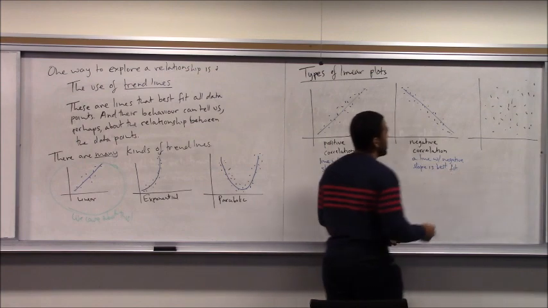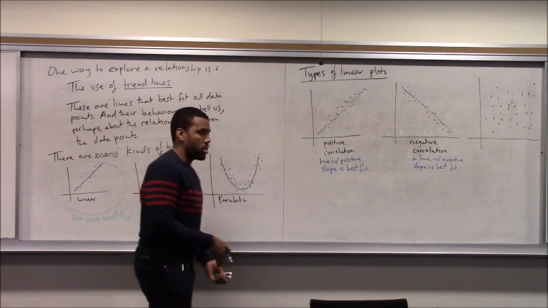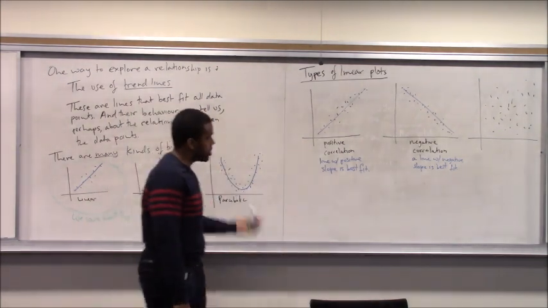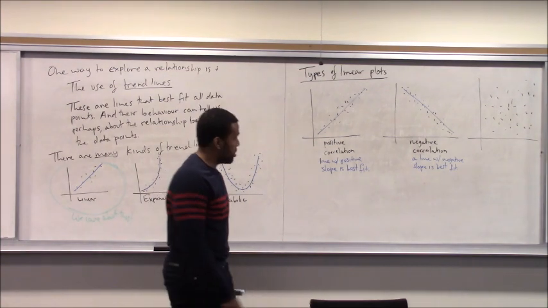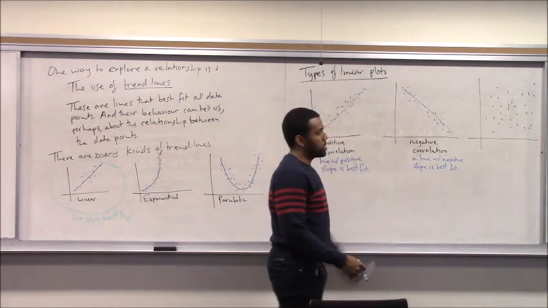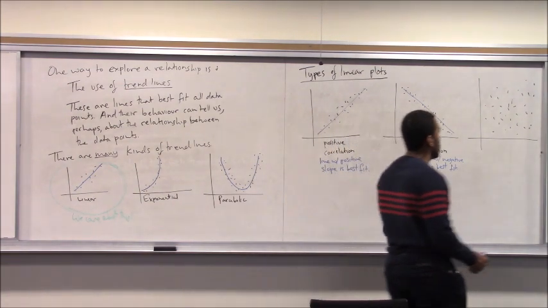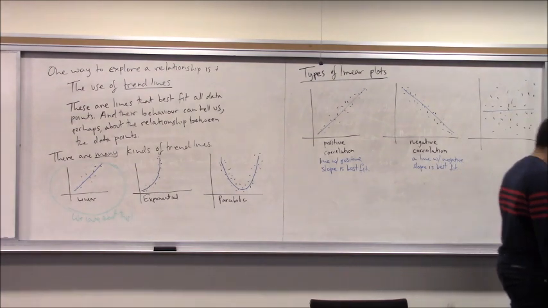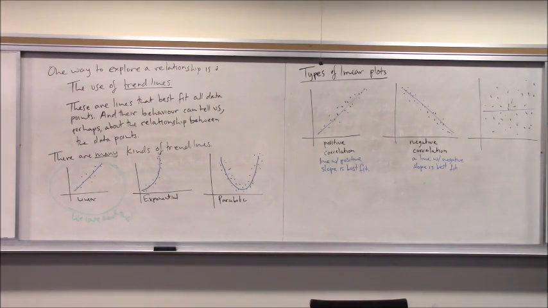In the sense that a line will fit it better than any other curve. A parabola wouldn't do as good of a job. An exponential or a log wouldn't do as good of a job. A trig function wouldn't do as good of a job. The line is the best candidate for the job, and a line with negative slope happens to be that. Then you have all over the place, where it's kind of a wash. Just put everything down the middle.